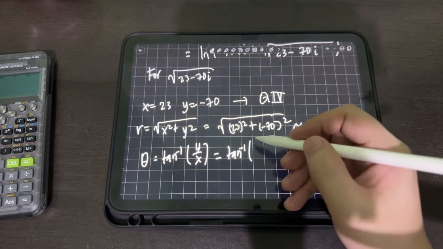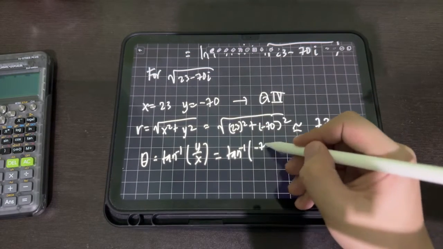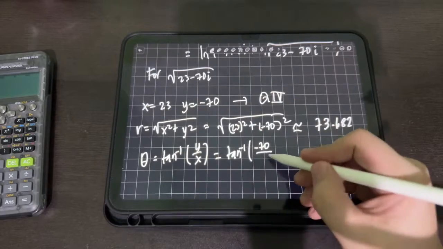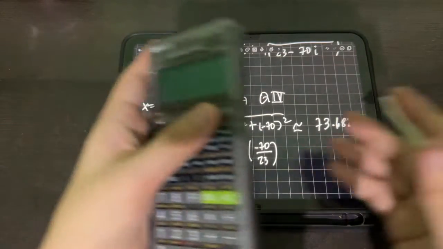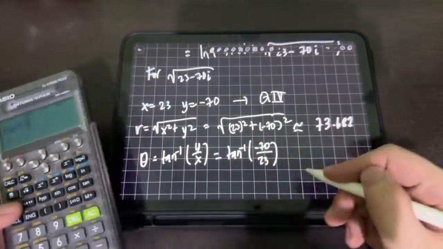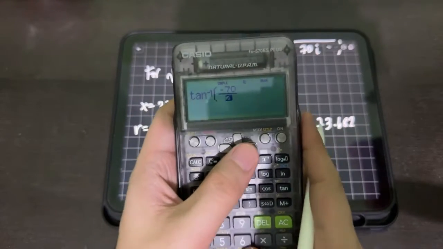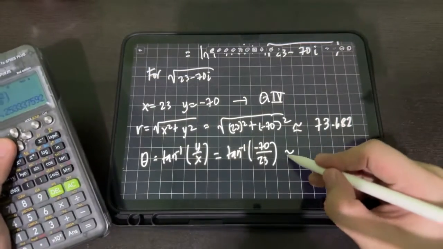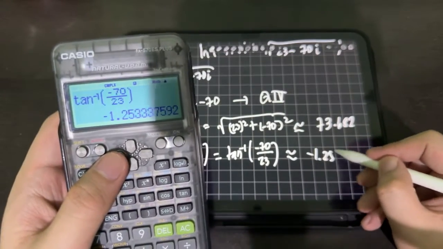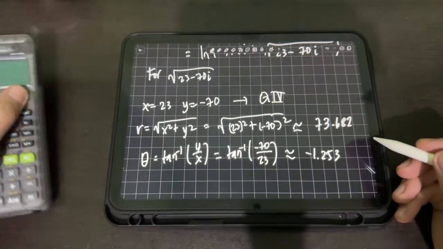Substitute: arctan of y, which is negative 70, over x, which is 23. Use your calculator: arctan of negative 70 over 23 is approximately negative 1.253 rad.